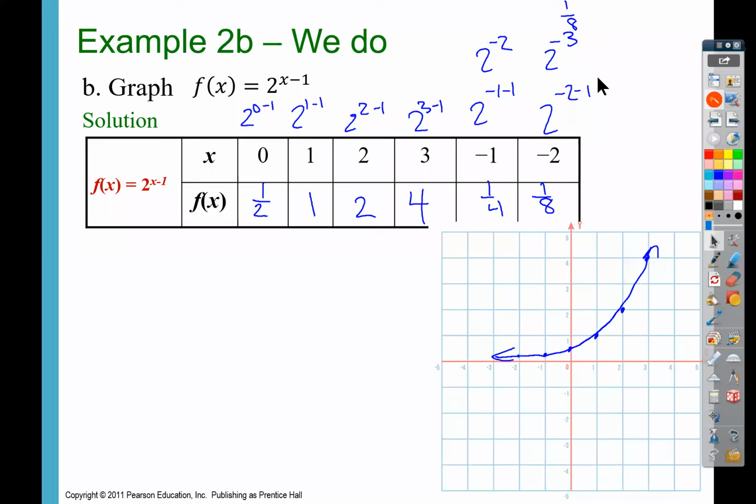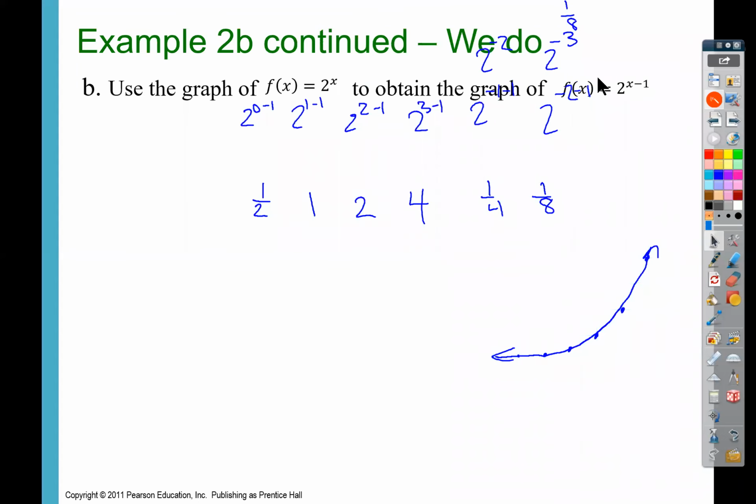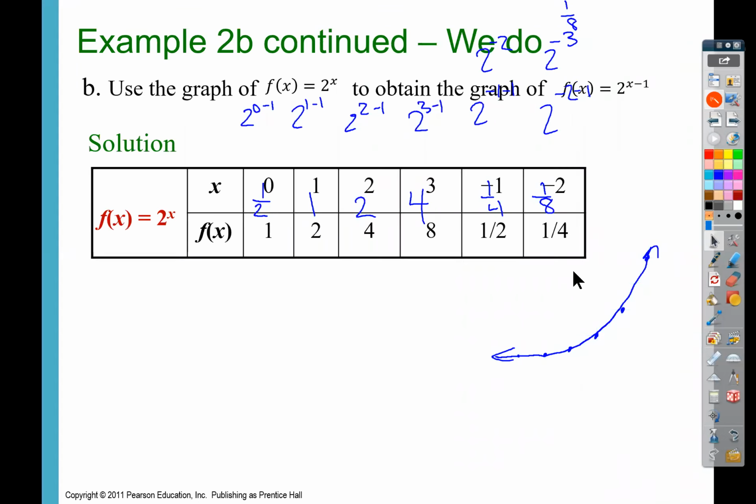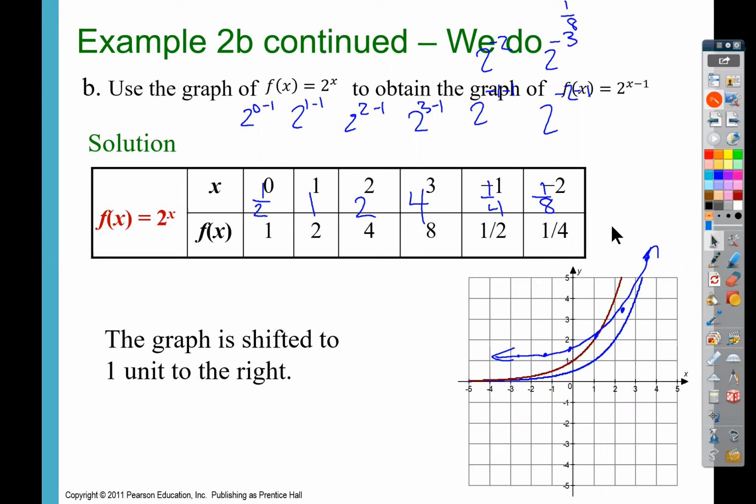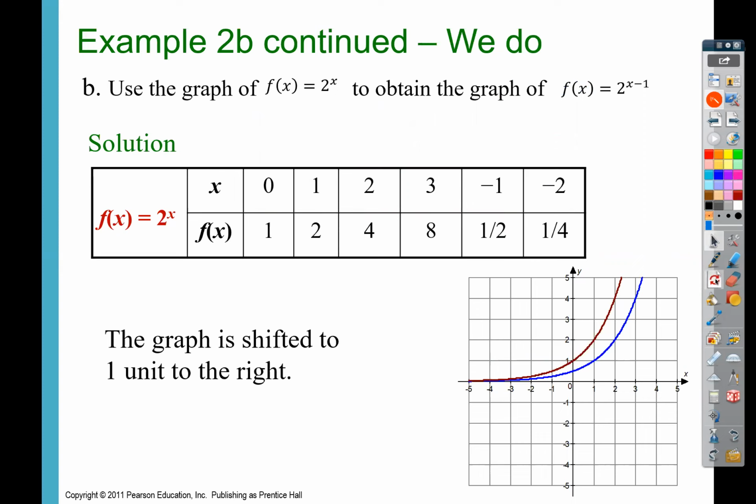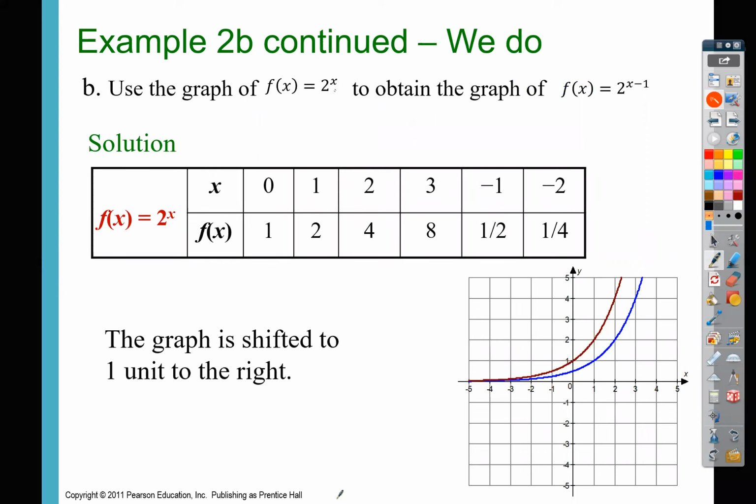Now we're going to use that graph. We can also use f of x equals 2 to the x to obtain that graph. And we said before that it shifted 1 to the right, and this blue line is our line. This is the original.